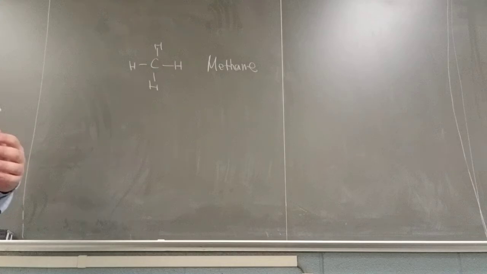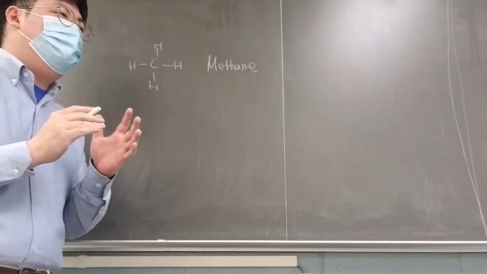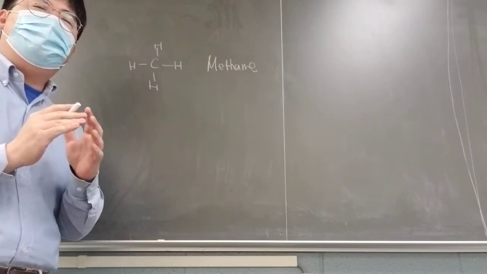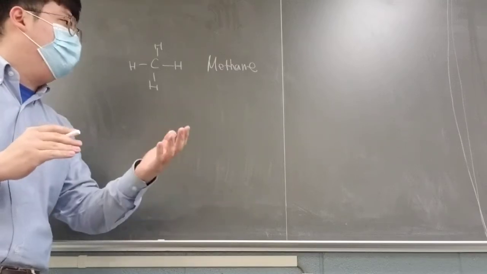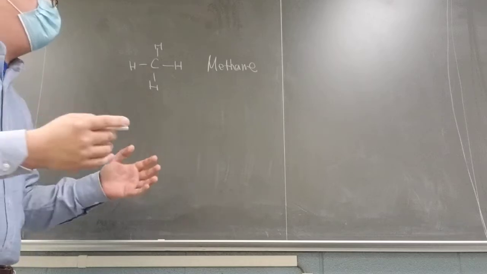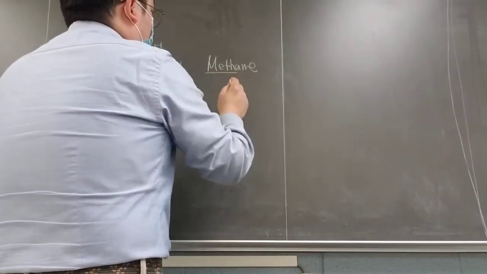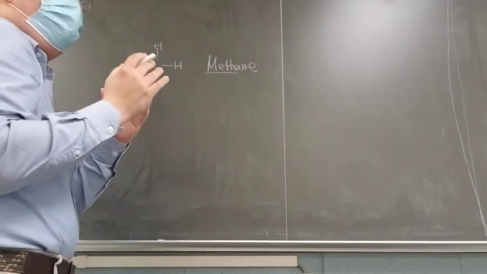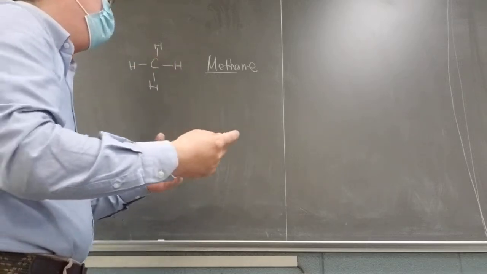There are certain names I want you to remember, to memorize. It is only the 1 to 10 carbon chain nomenclature, meaning maybe you don't have to do it now, but eventually I hope you can get used to using those terms.